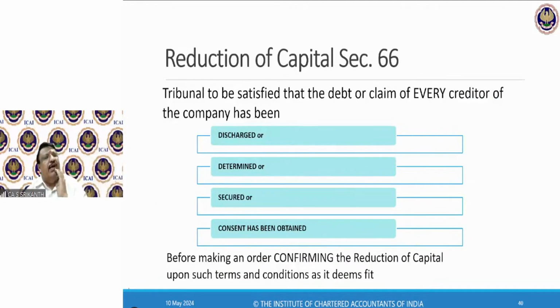In case of any creditor, the creditor should either give an NOC or he should be fully discharged, or at least the amount should be determined and he should be given some security for it. The company should tell him, I agree with you, you are affected now. For you alone, you will create a security of this asset. So even if there is any problem, you will get your money. Don't worry. Something like that. Finally, they will confirm the reduction of capital upon such conditions as it deems fit.